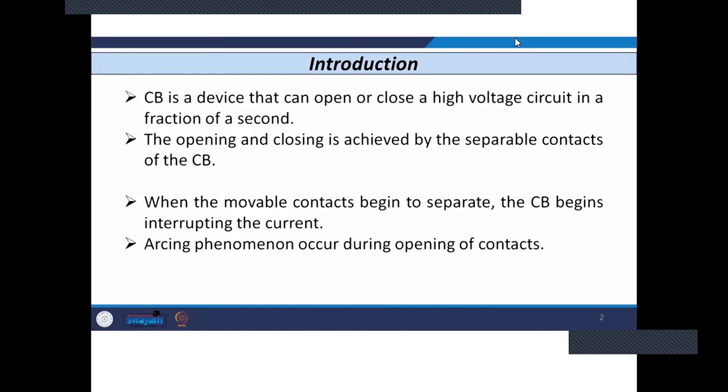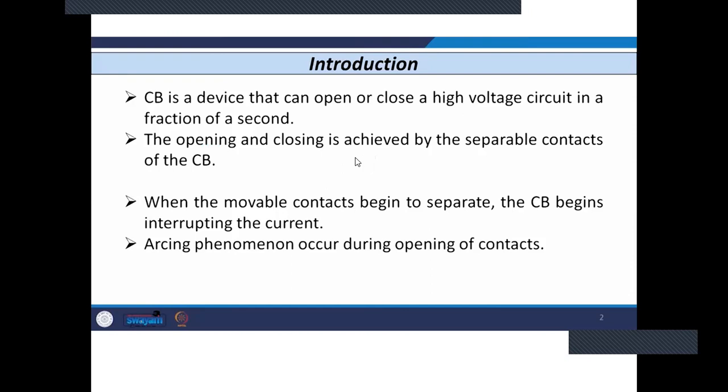The opening and closing is achieved by the separable contacts of the circuit breaker. By separation of the contacts, the closing and the opening of the circuit is performed. There are two contacts in a circuit breaker. One is fixed and the other is movable.